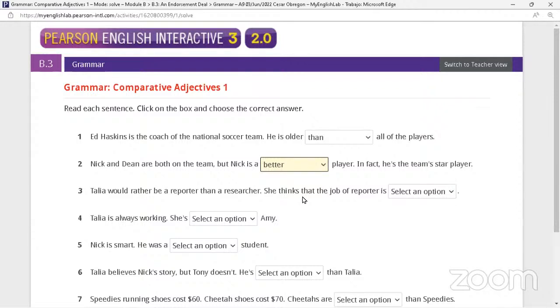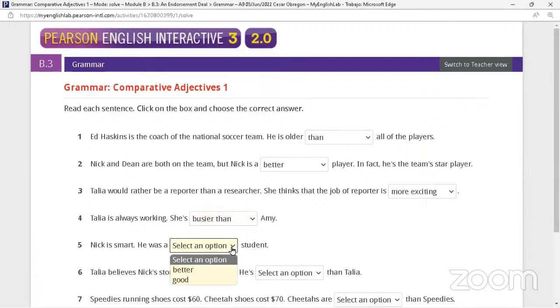Talia would rather be a reporter than a researcher. She thinks that the job of reporter is more exciting. Talia is always working. She's busier than Amy.